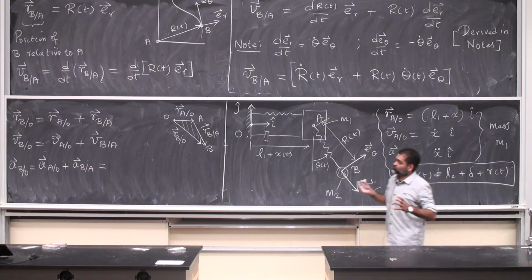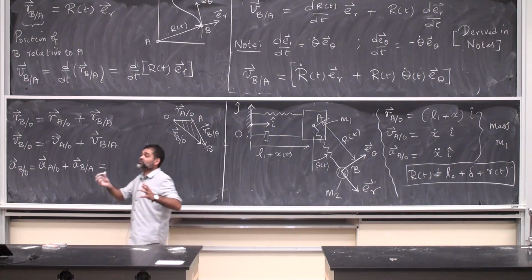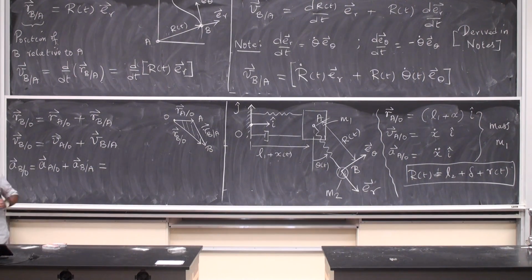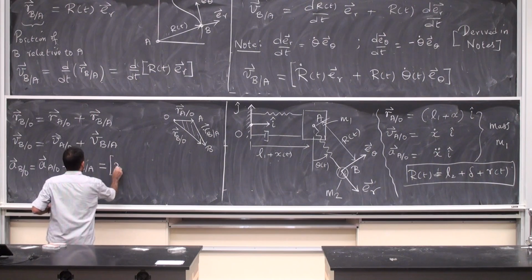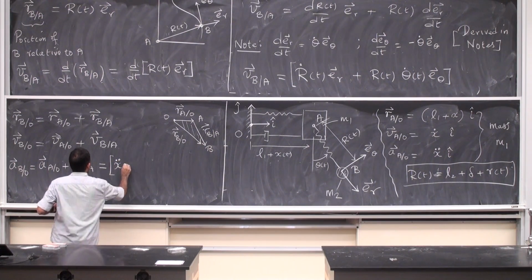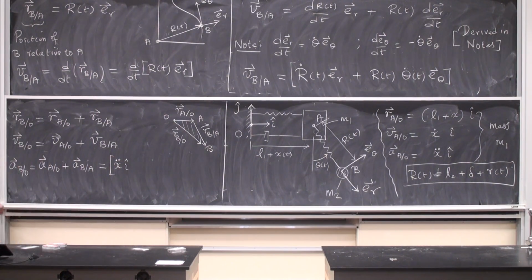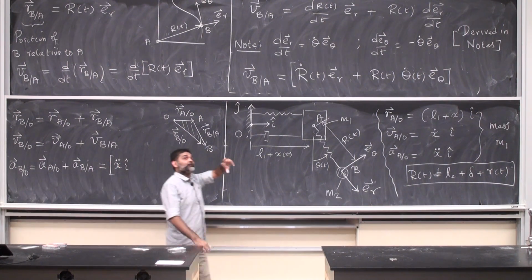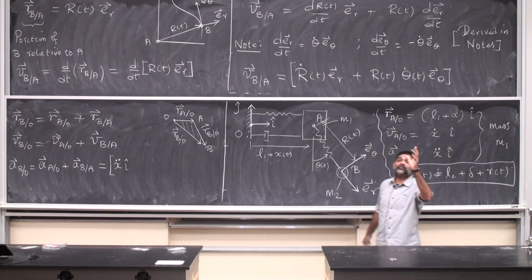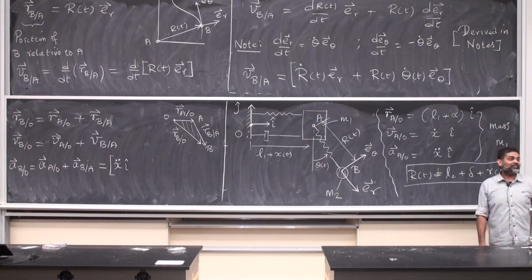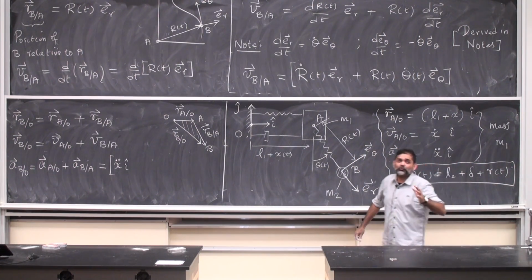So what's the acceleration of A slash O? We have already found this. This is x double dot in the I hat direction. Okay, so this is x double dot in the I hat direction. Acceleration of B slash A is going to be given by the acceleration components in the radial transverse coordinate system, which we had just derived or pseudo derived.